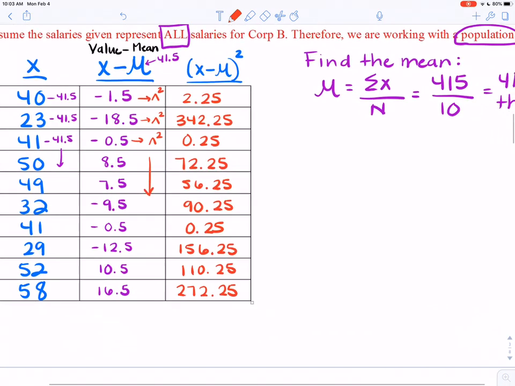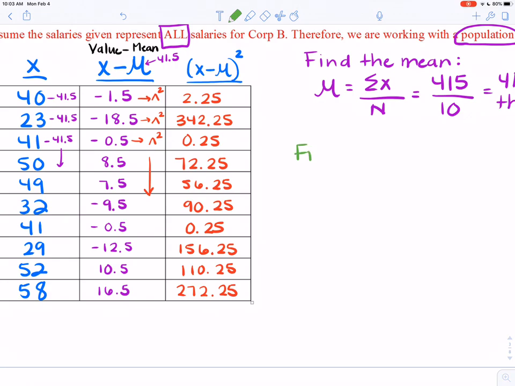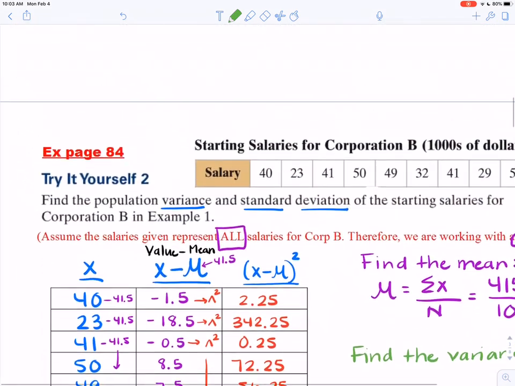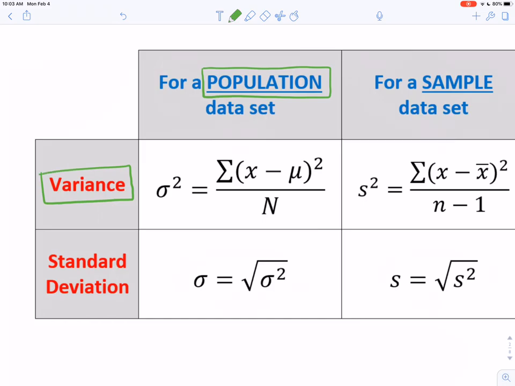Now, using this information from here, we are going to calculate the variance of this data set. Okay, and here's where we're going to go back and we're going to look at our formula. Okay, so first thing to note, we said we're looking at a population data set, and what we're calculating is the variance of that population.